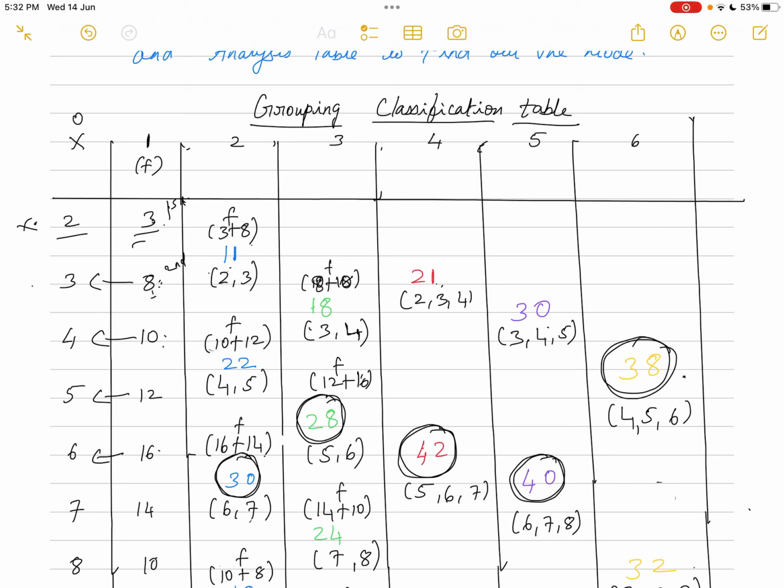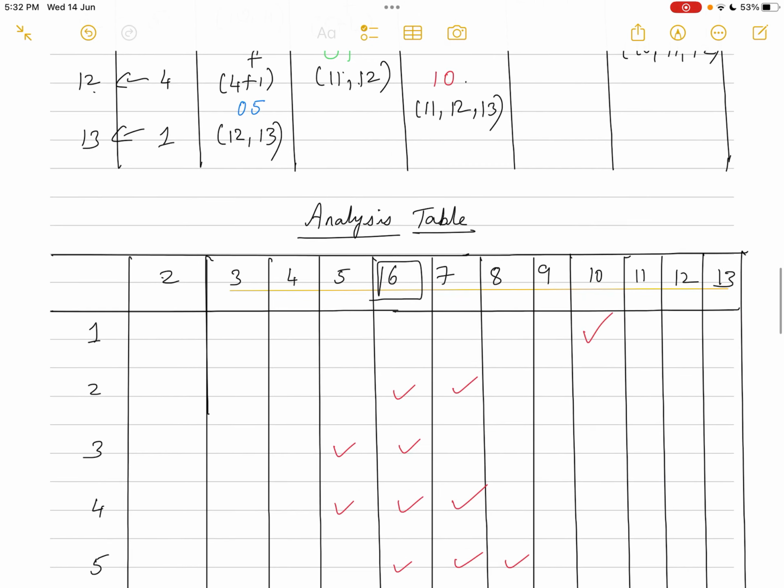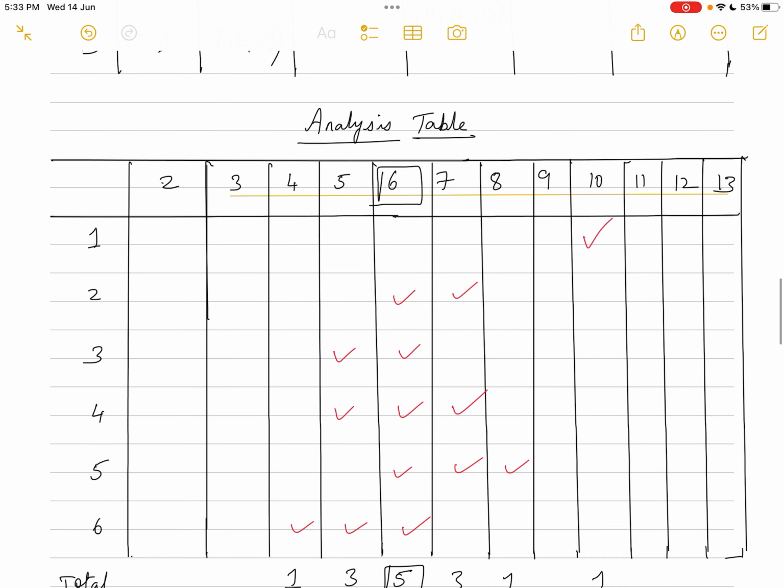After you make the grouping classification table, you have to write the analysis table. In the analysis table, whatever the x values are, you write horizontally. All these x values, 2, 3, 4, 5 and so on, you write horizontally, and row-wise you write all the columns.